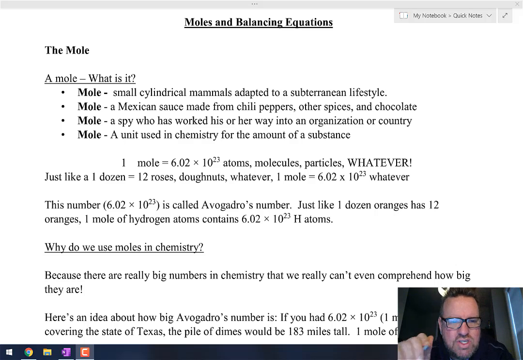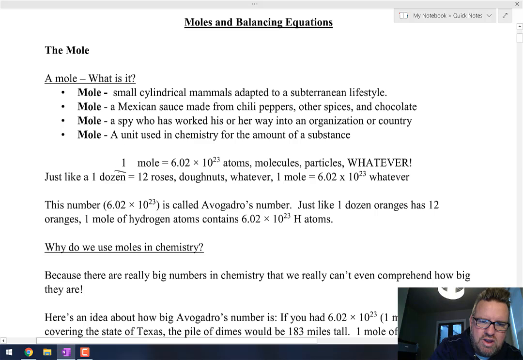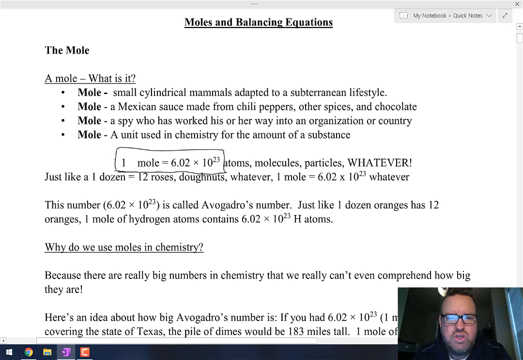Okay, but in chemistry, a mole is just a number. One mole of something means this number right here. It means 6.02 times 10 to the 23rd.